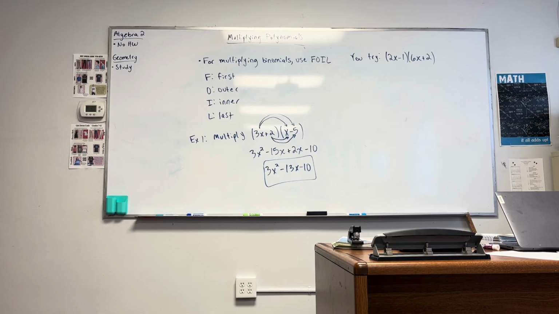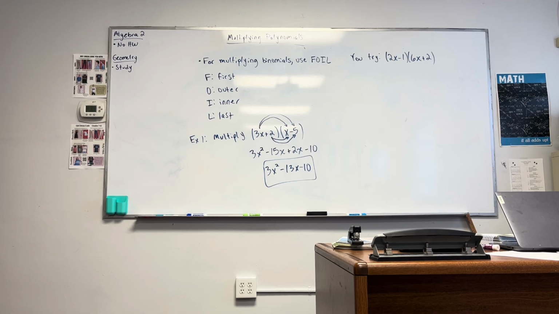Okay, 2x times 6x is 12x to the power of 2. They both have an x in them, x to the power 1 and x to the power 1, all together. Not quite. 4x is right.